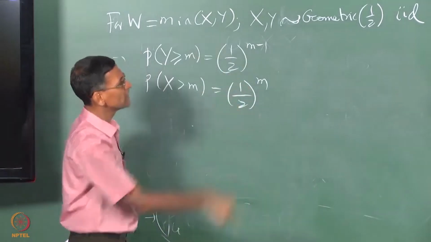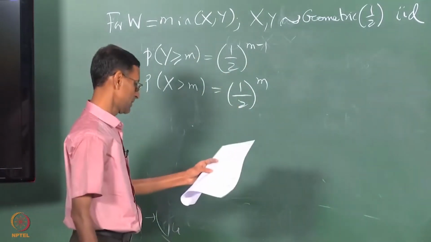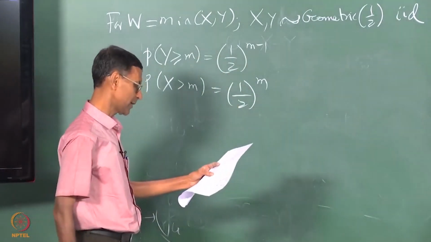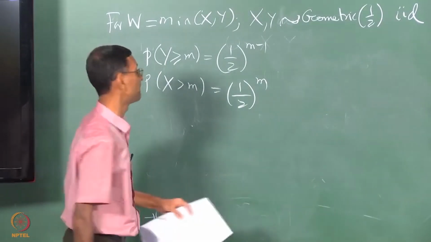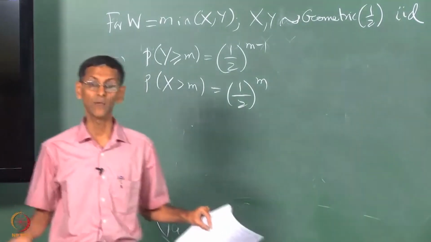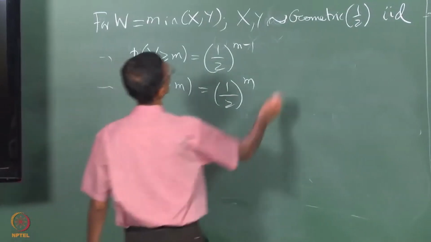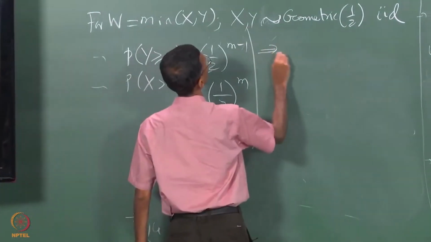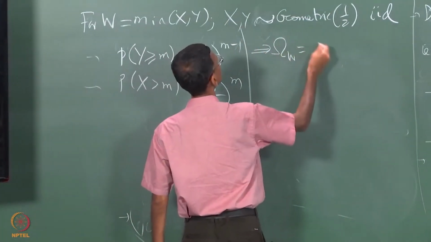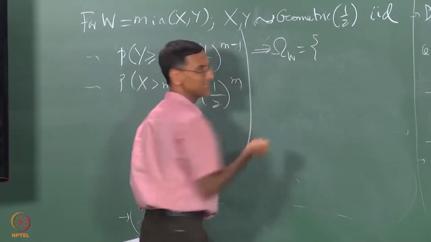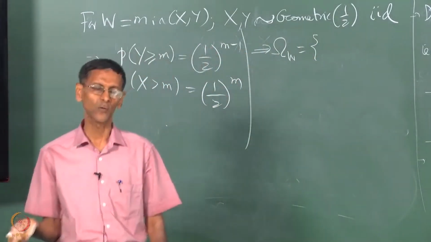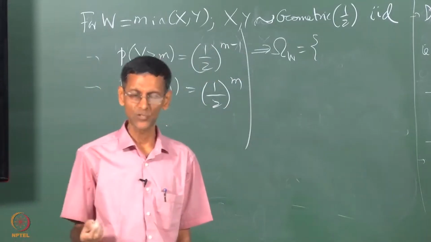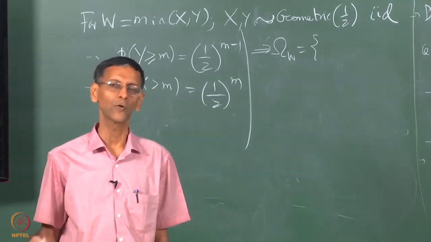Now if you put it all together, maybe I should ask you to do it. Why don't you do it and tell me what is P_W of m? First of all, what is omega W? That we should do first. Omega W is what? X can go from 1 to infinity, not 0 to infinity, right. So in the geometric case we are starting the trial counting from 1.